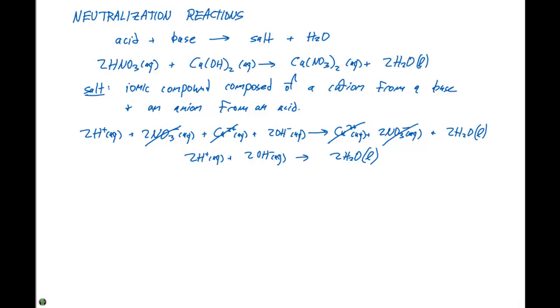Here we have a coefficient of 2 in front of each reactant and each product, so we can simplify this to say H+ in aqueous solution plus OH- in aqueous solution gives us water. This is the net ionic equation for a neutralization reaction between a strong acid and a strong base. So here are neutralization reactions and how we can define them.